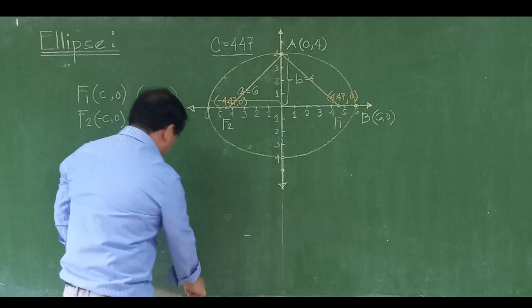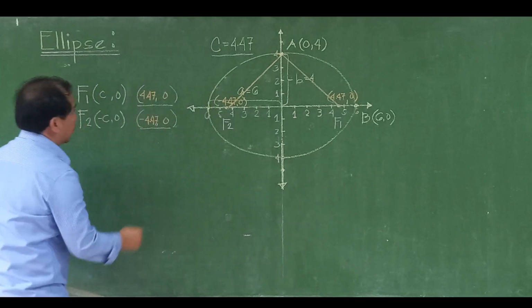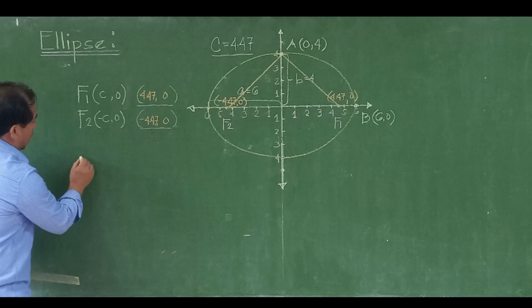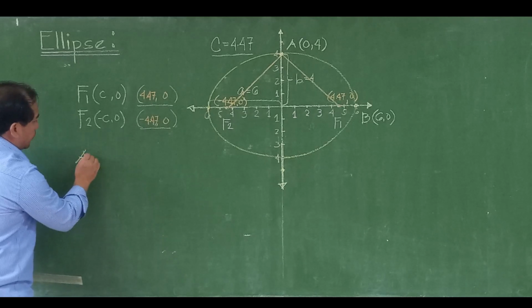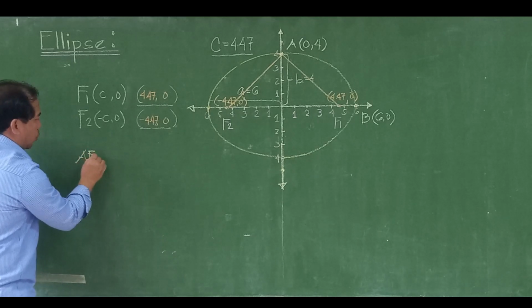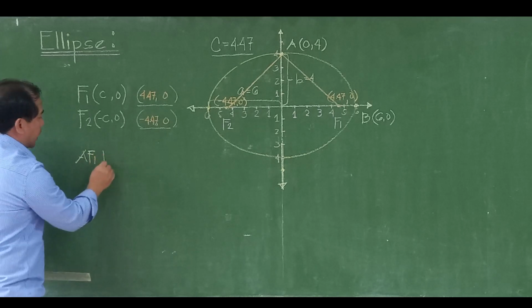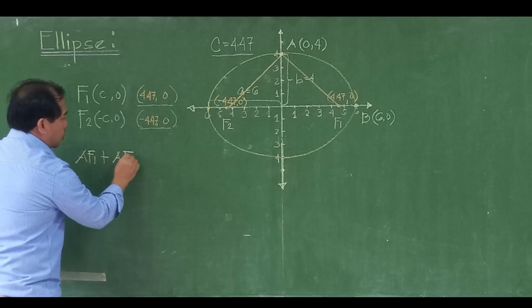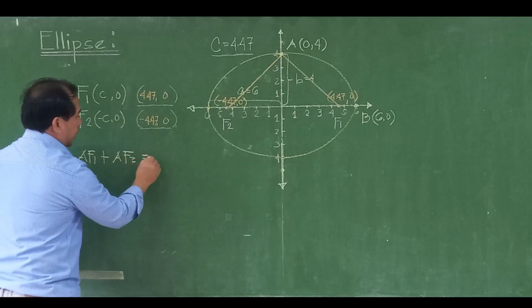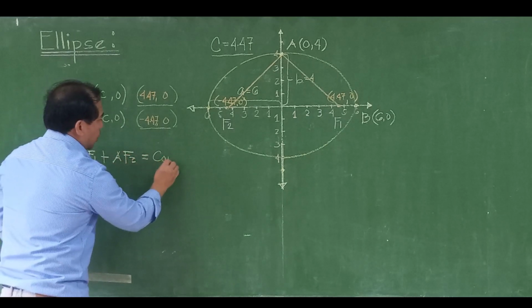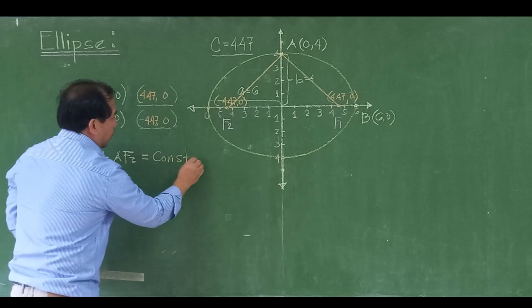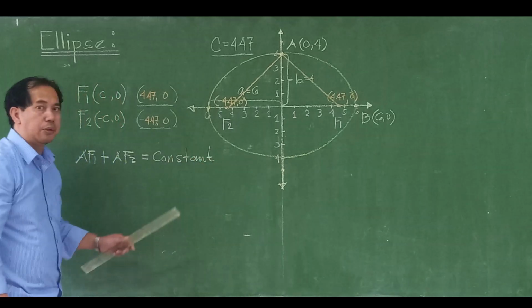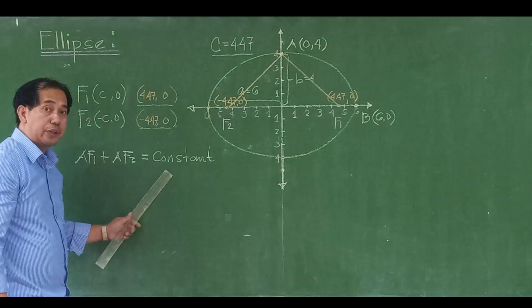That is the same as saying when we compute point A going to focus 1 plus point A going to focus 2, the result is constant. Now, our concentration here is to look for the value of that constant.